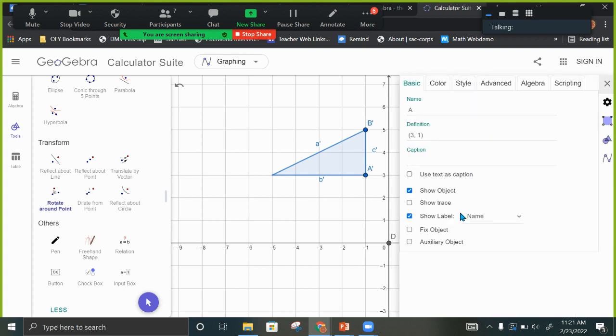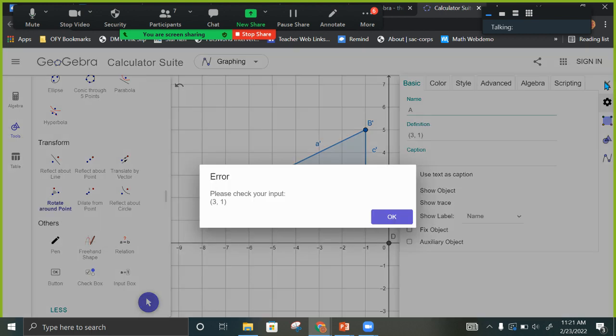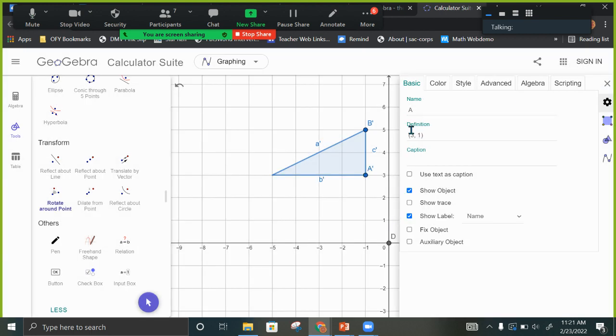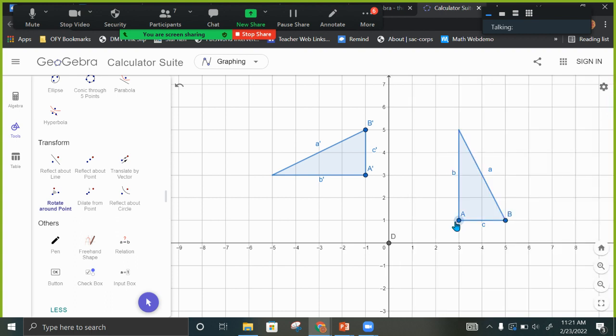Let me see if I can get its coordinate to pop up. A was at 3, 1, and now A prime is at -1, 3.